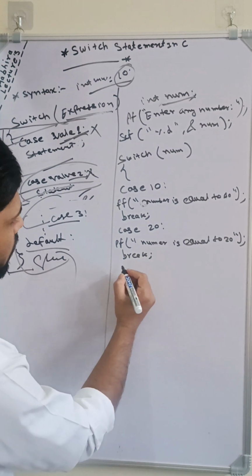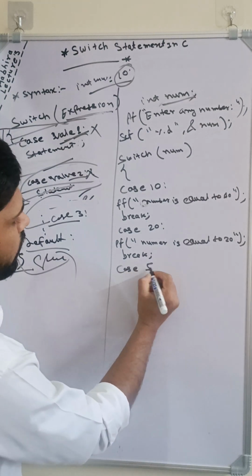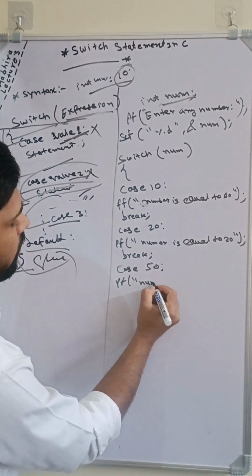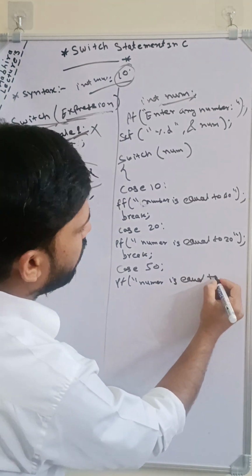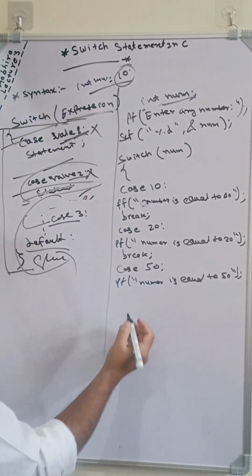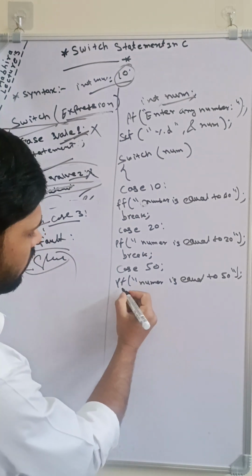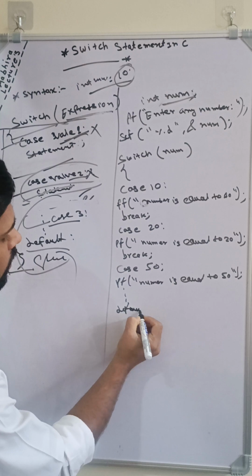Again another case, case 50, then print the statement number is equal to 50. So again you can write multiple cases, it's up to you. And finally you have to write default.